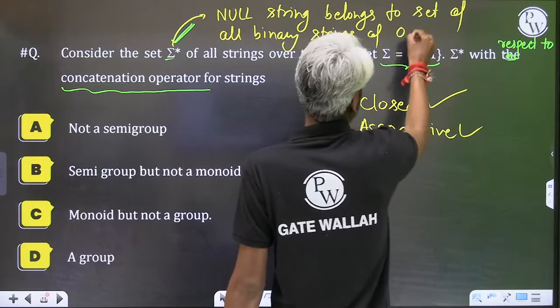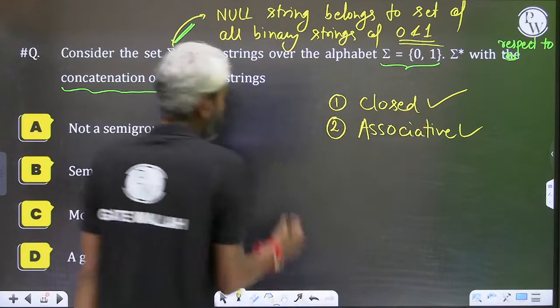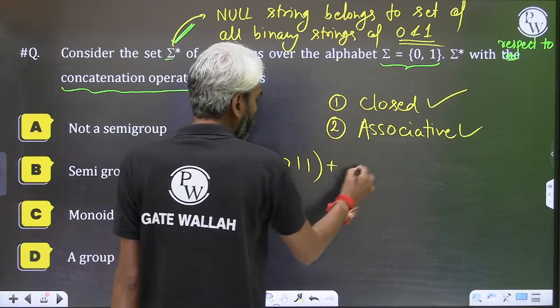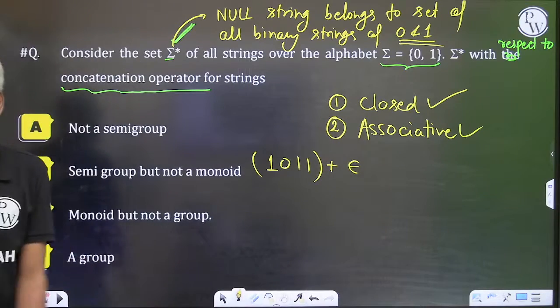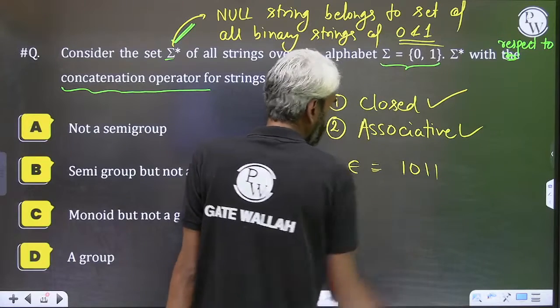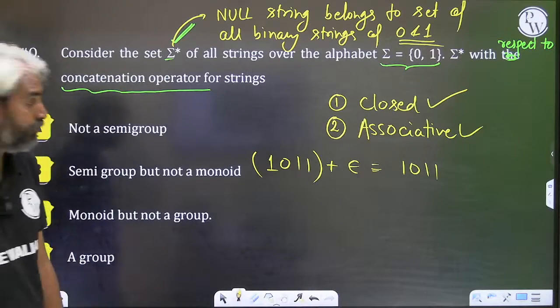If you take any string, say 1011, and concatenate it with epsilon, which is actually nothing, it will come out as 1011 only.